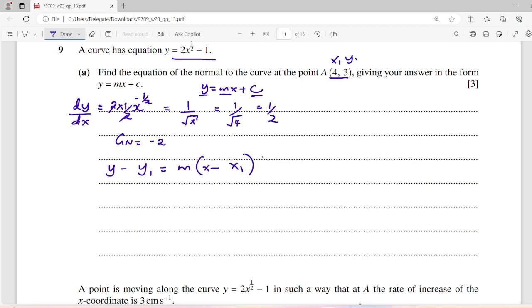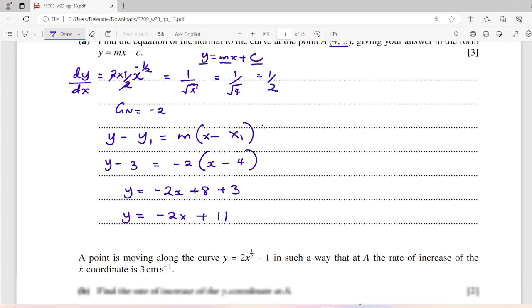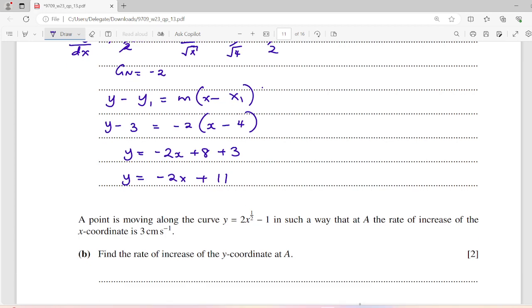So y minus 3 is equal to -2 times (x minus 4), simply y equals -2x plus 8 plus 3, and I end up with y equals -2x plus 11. So that is the equation of the normal. You must first get the gradient of the tangent, and then for the gradient of the normal, you should know the product is -1, and the shortcut is the negative reciprocal. Then you substitute and get your answer.